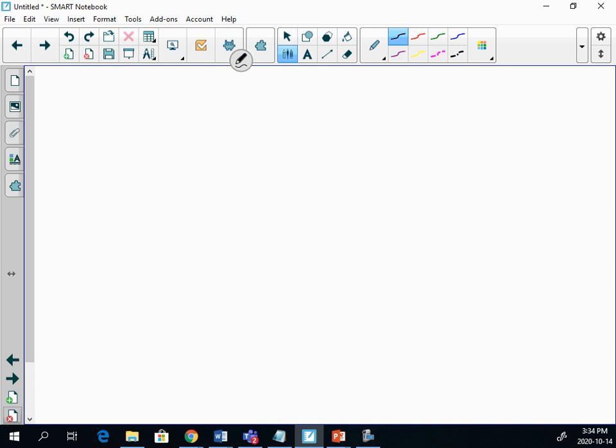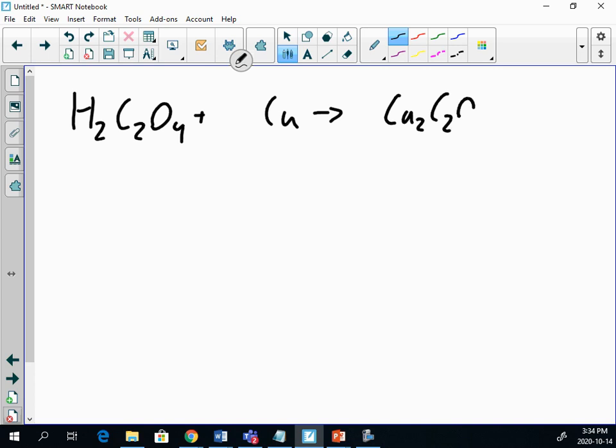And I can write that H2C2O4 plus copper gives me Cu2C2O4 plus H2 gas. Almost everything comes pre-balanced except the copper, and a quick 2 here will deal with that.